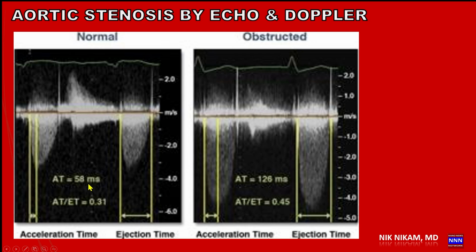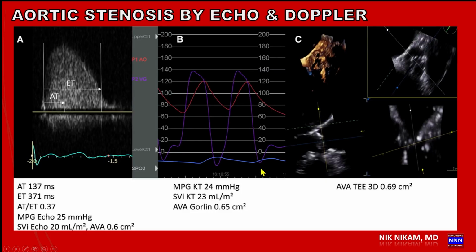So 58 milliseconds. And here's a worsening of the aortic stenosis where it can be like 126 millimeters of mercury. So that gives you an index of whether the aortic stenosis is progressing, even though some of the features on the echocardiography may not be clearly evident.